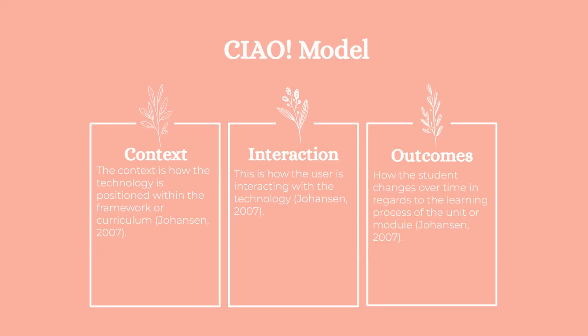So outcomes, how the student changes over time in regards to the learning process of the unit or the module. This is the same as the one above. This is kind of looking at that ROI, looking at, did their learning extend past the point of the module's done, we're moving on? It's actually going past that.